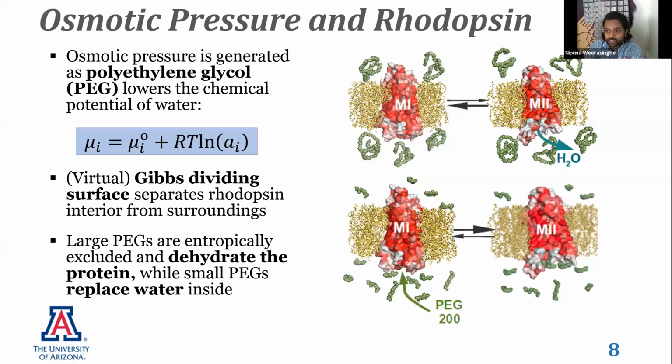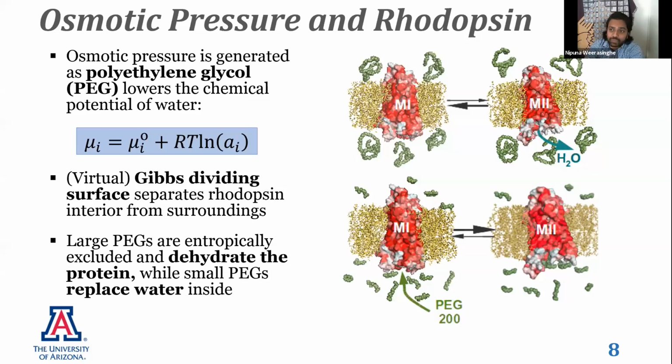PEG molecules with molecular weight above 1500 are considered large osmolytes, and PEG with molecular weight less than 200 is considered small osmolytes. So we observe the expected results with large osmolytes, where it favored the dehydrated state, or meta 1 state, but with small osmolytes we observe the opposite. I will explain it in the future slides.